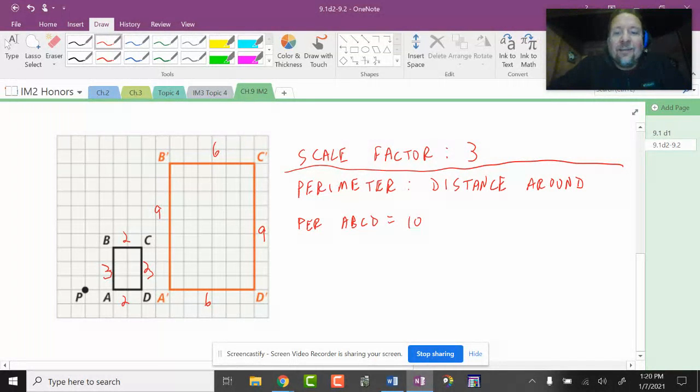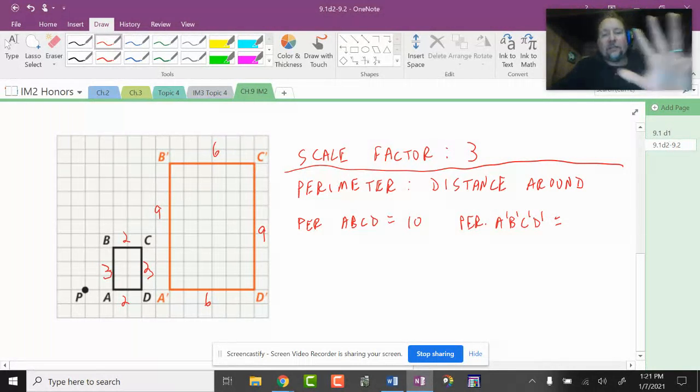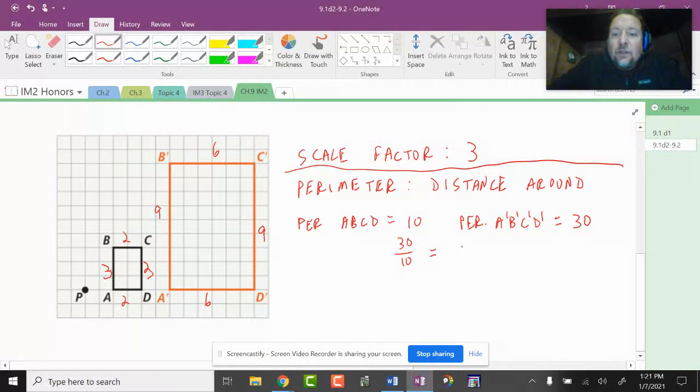All right, and then the perimeter of A prime, B prime, C prime, D prime, the image, is 9, 18, 24, 30. Look at the perimeters when we divide image divided by pre-image.